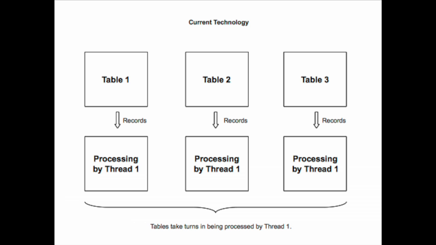Here's a match, move on to the next one, and so on. If there's no match here, then you backtrack to table 2. You keep reading it. As soon as you find a match, you move down. All done by one thread. So basically tables take turns in being processed by a single thread.